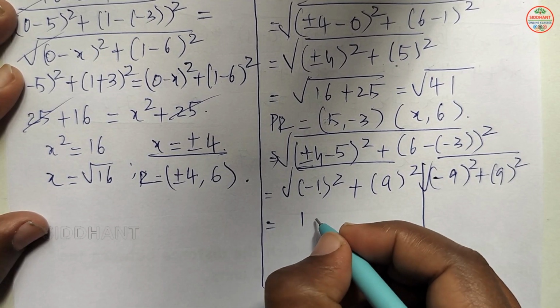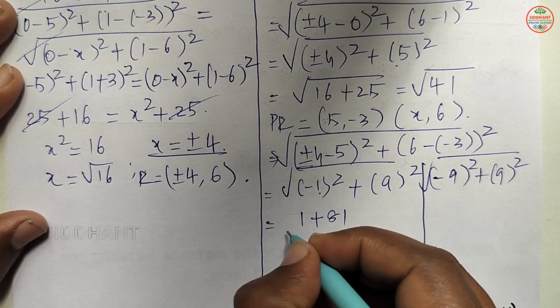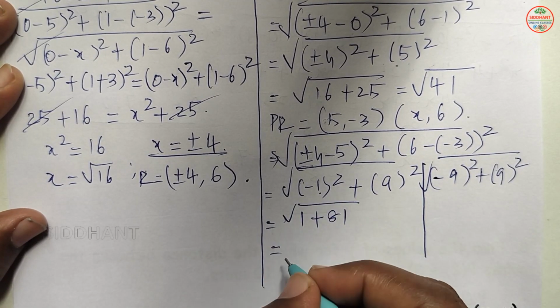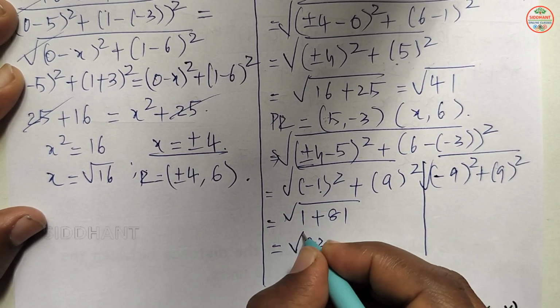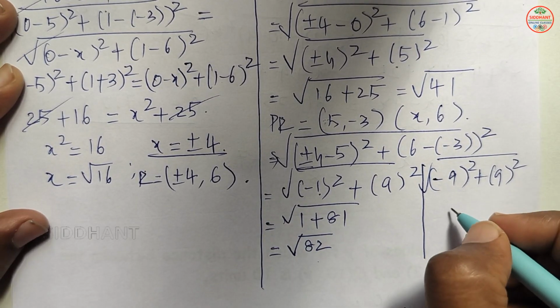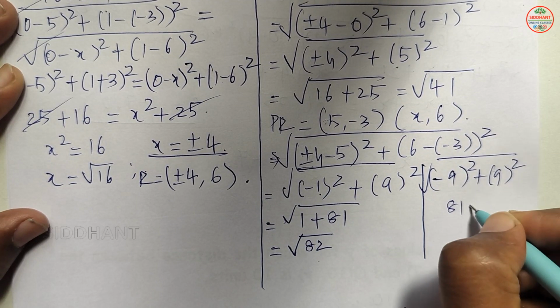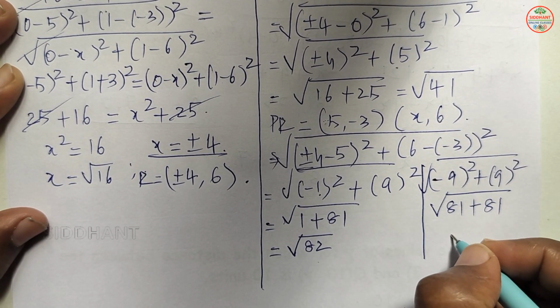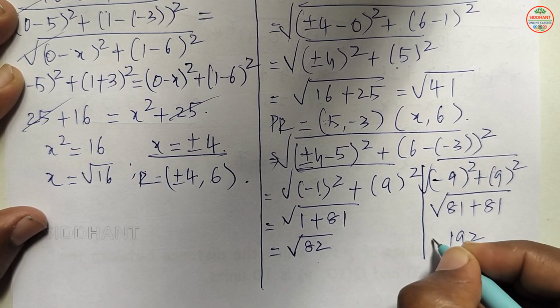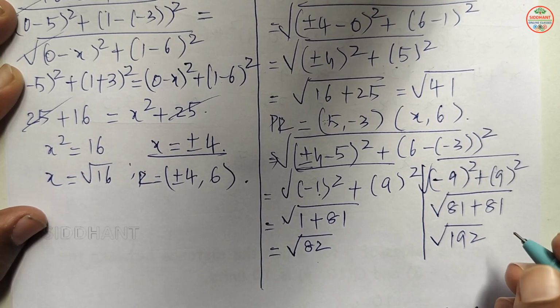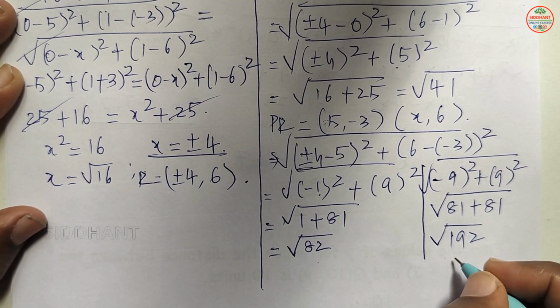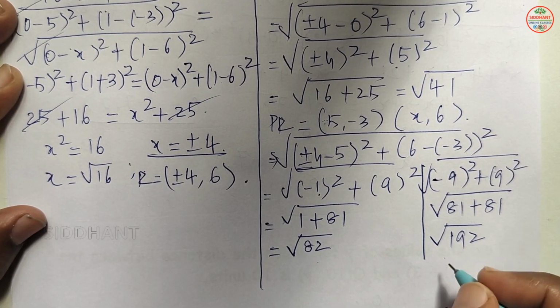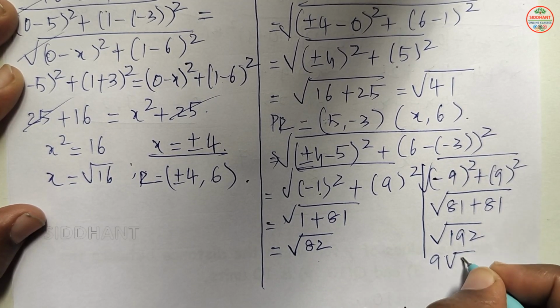So 1 plus 9 square, 81, square root, that will be 82. So one value will be root 82, the other value is 81 plus 81, so 81 plus 81 which will be 162. So that will be equal to 81 into 2, that means 9 root 2.